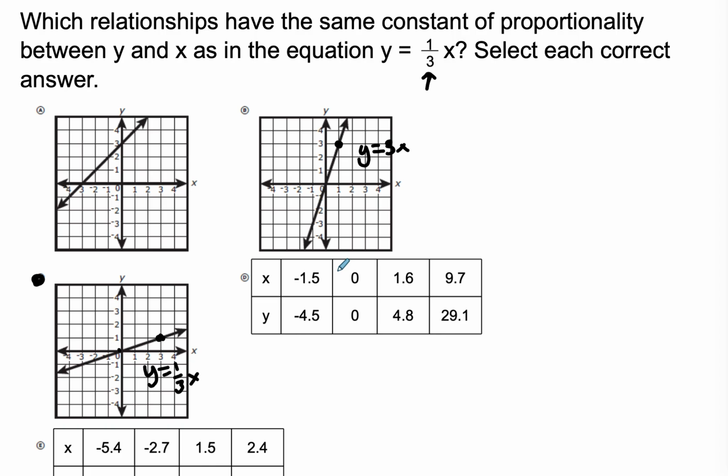For D, it needs to be y equals 1/3 x. So let's see if one of these things works. -4.5 equals 1/3 times -1.5. All right, let's see.